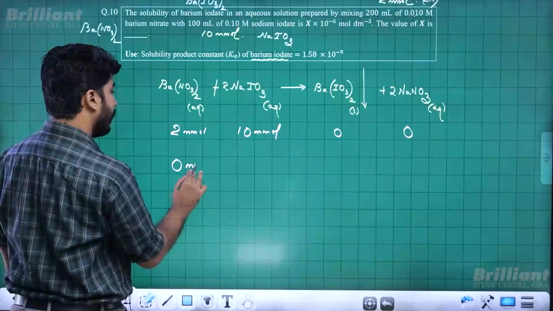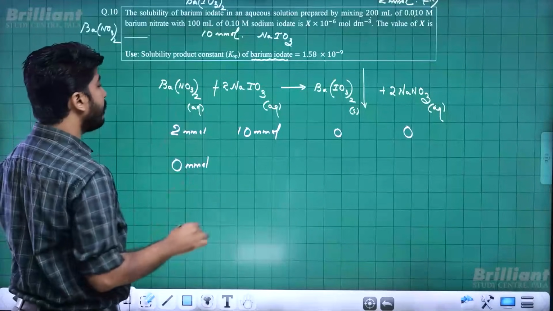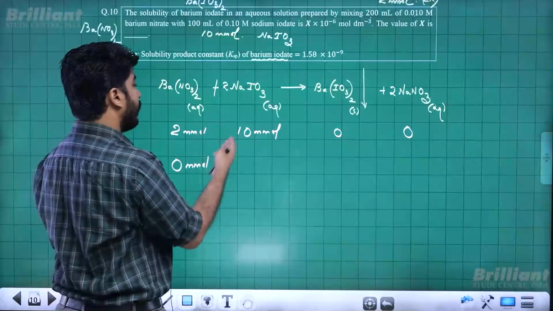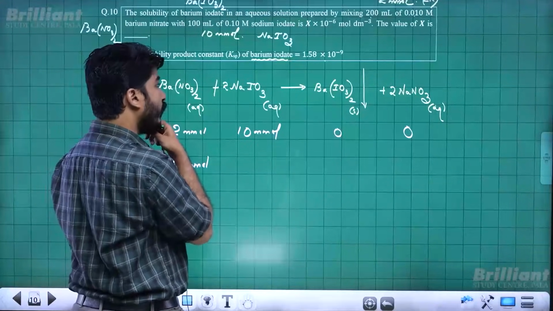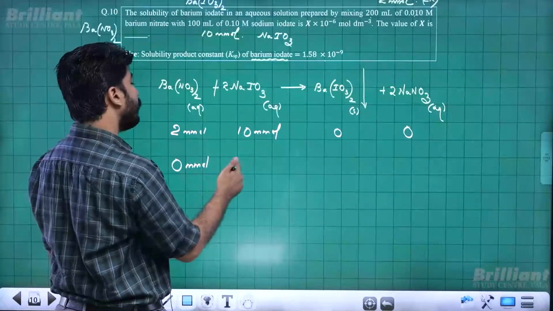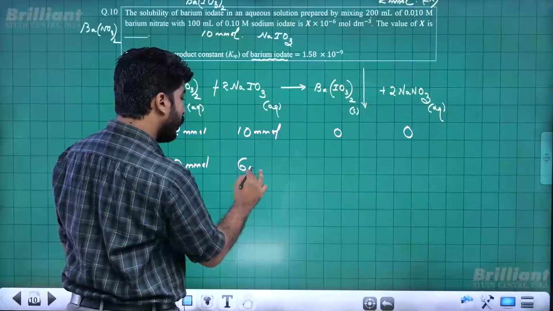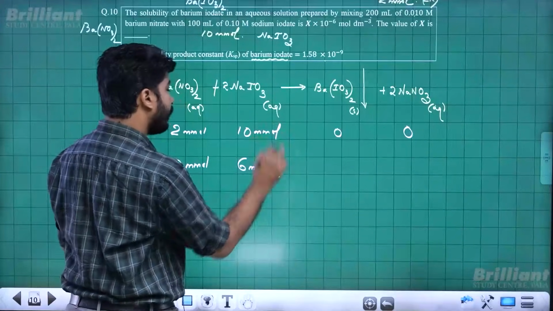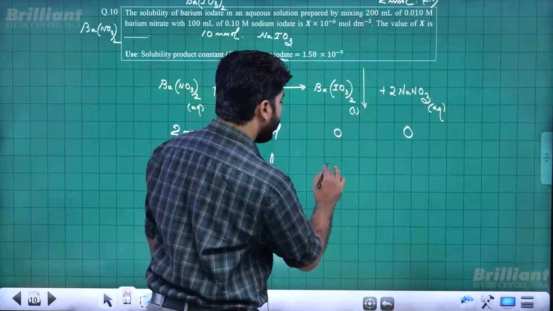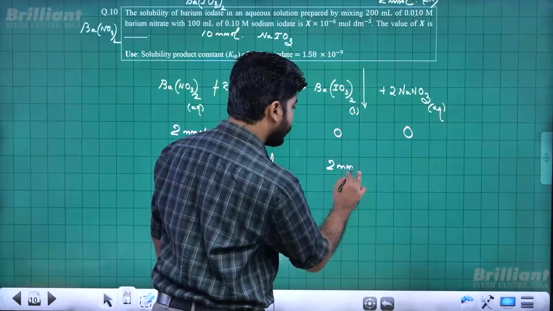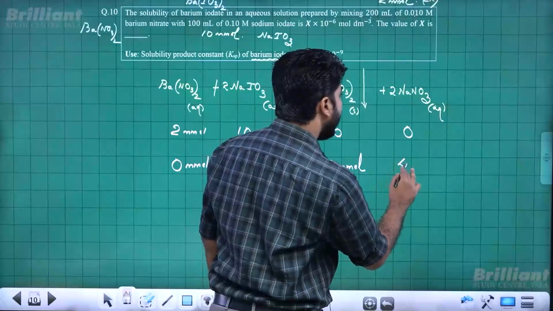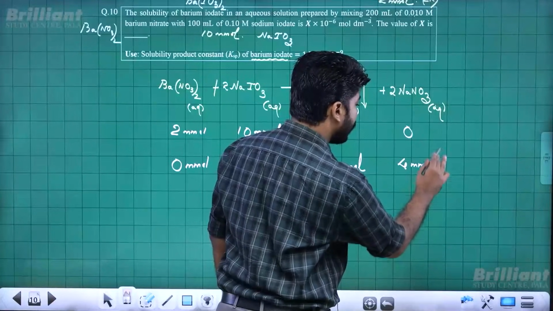Now, we don't have any barium nitrate in the medium, and for 2 millimole of barium nitrate, 4 millimoles of sodium iodate reacted with it. So after that 6 millimoles of sodium iodate will be remaining in the mixture, and from 2 millimole of barium nitrate, 2 millimole of barium iodate has formed according to stoichiometry, and 4 millimole of sodium nitrate also has formed.